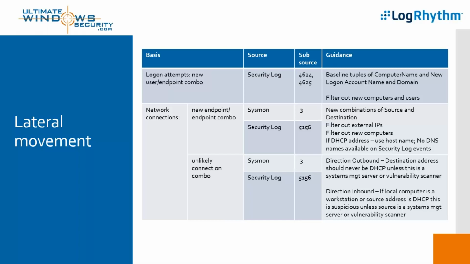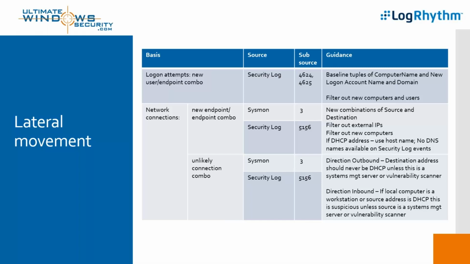It's under the control of a bad guy, and he is trying to reach out and get into other computers over the network from this beachhead that he's created. Invariably, the bad guy is going to fall outside the normal usage patterns of that system. So therefore, we filter out external IP addresses. And again, we'd want to filter out new computers because they haven't established a pattern of behavior yet.